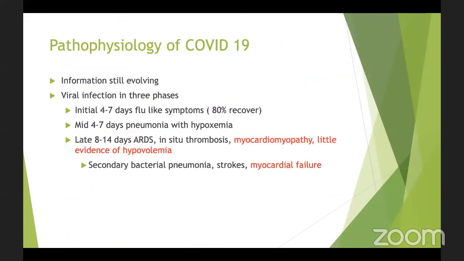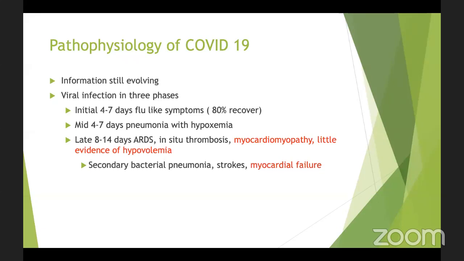So here in the pathophysiology of COVID, as it was discussed yesterday with Dr. Balshi, initially they have some flu-like symptoms, and 80% recover with supportive therapy. But in the mid of the course, 4 to 7 days, they develop pneumonia and hypoxemia secondary to a cytokine storm or high inflammatory markers.